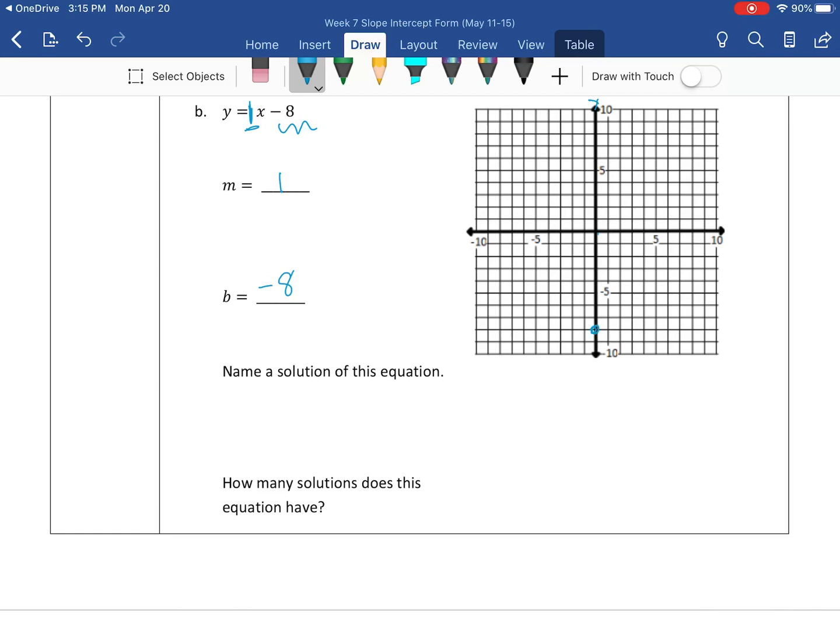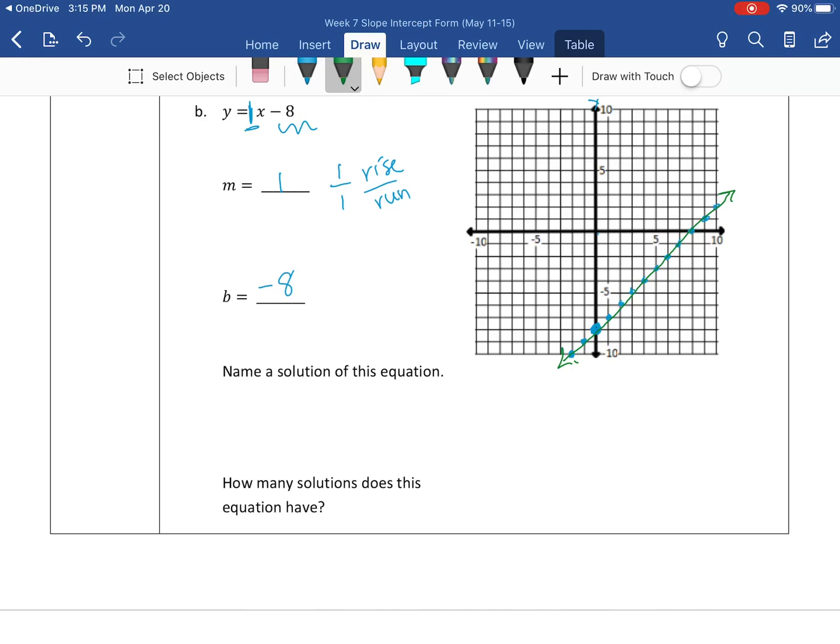So here's my y-axis, here's negative 8, and then our slope is 1, which really means we just have 1 over 1. So we're going to go up 1 over 1, up 1 over 1, and so on. And then if we want to fill in the back half, down 1, back 1. And then we can connect that, and there's our line.